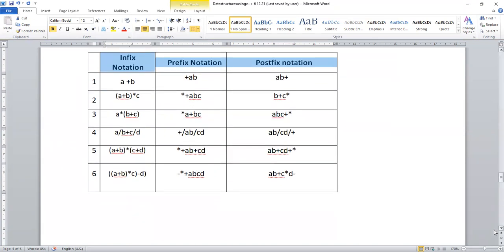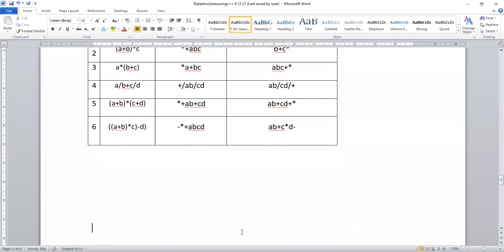Okay, so next topic is application of stack. What are the different types of applications of stack?